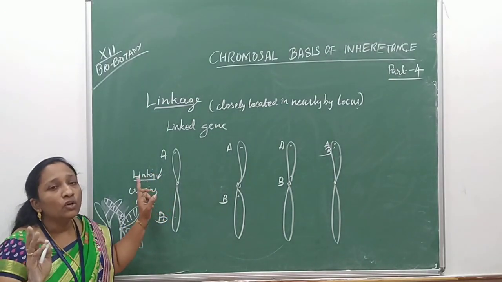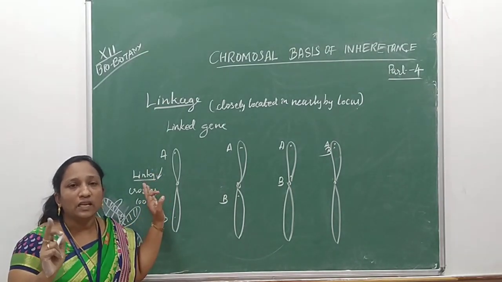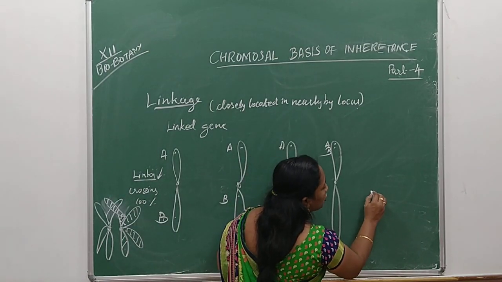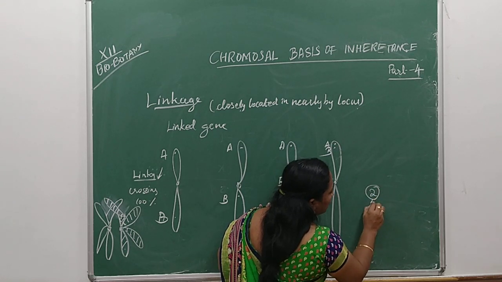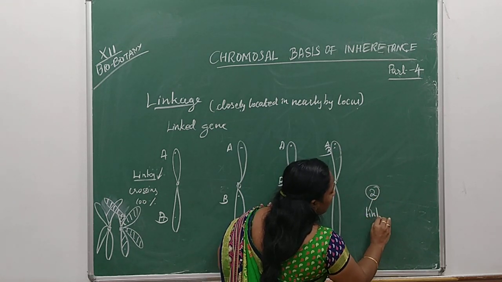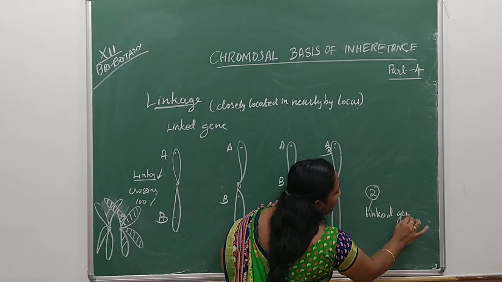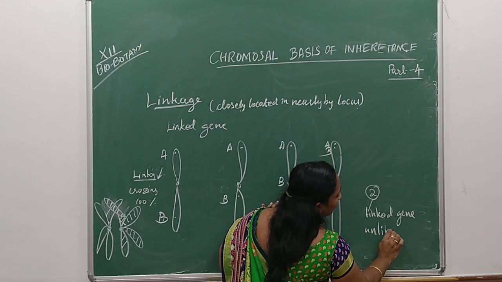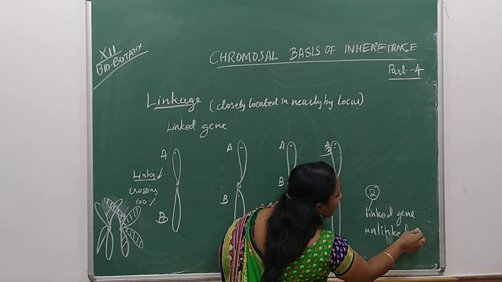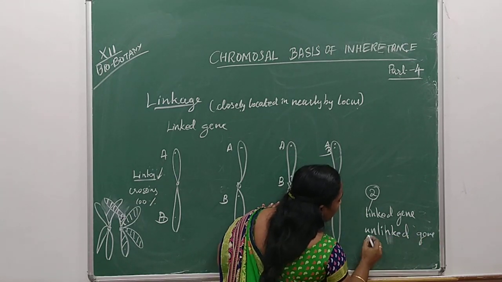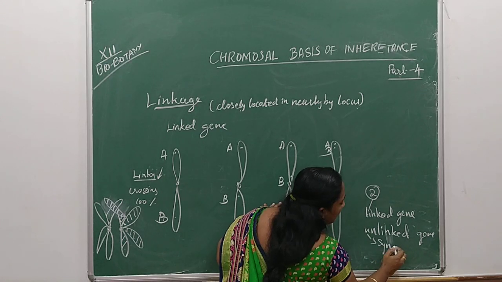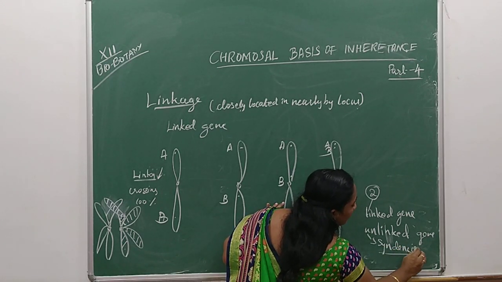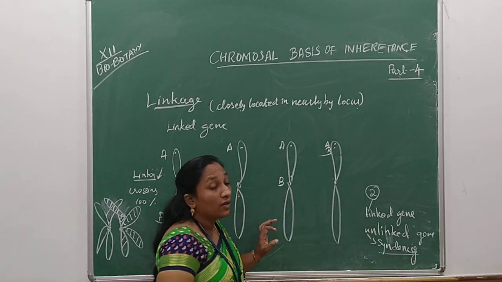Already we learned two types of genes based on linkage: one is linked gene, another is unlinked gene. The unlinked gene is otherwise called syntenic.